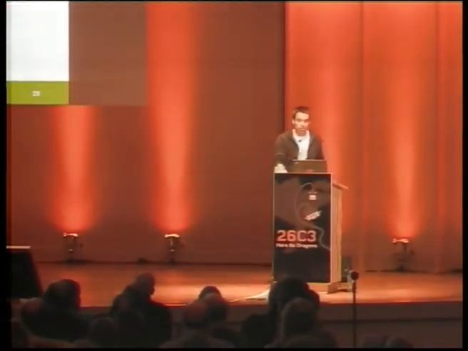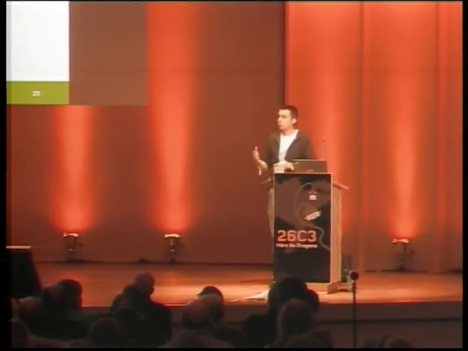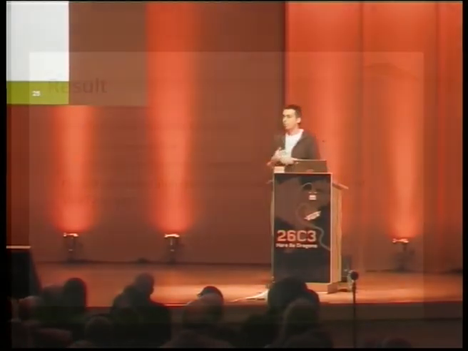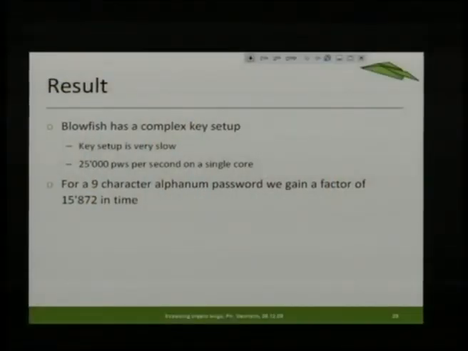So it could take a very long time to crack, for example, a 9-character alphanumerical password. With our method, if you have this checksum and you only try the ones which have the correct checksum, it would be 15 times faster. So if it's like 1 week and 15,000 weeks, you see the difference.